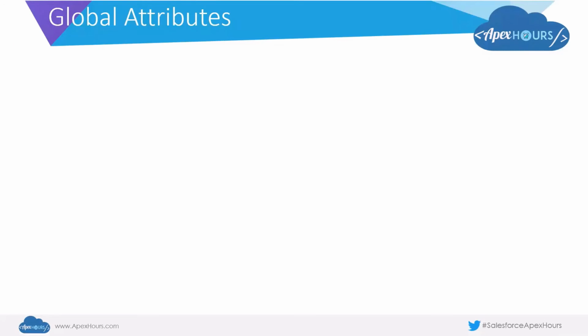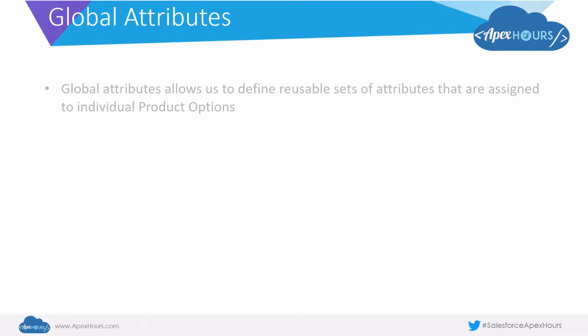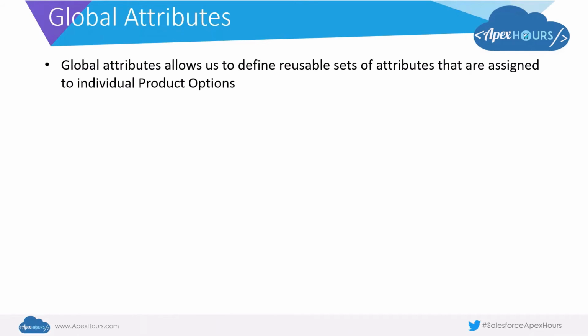Now that we have looked at configuration attributes and inline attributes, let us go ahead and look at global attributes. Global attributes allows us to define reusable sets of attributes that are assigned to individual product options. So we don't have to associate individual attributes to individual options, which can get tedious when we have a lot of attributes and a lot of options.